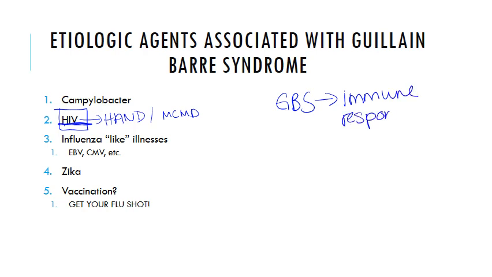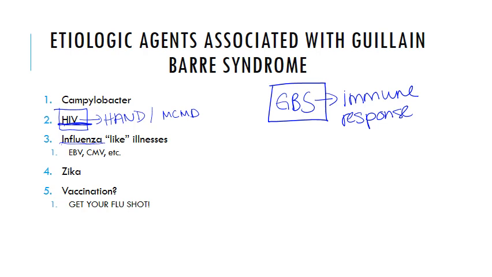So what this tells you is that just because your HIV patient is well controlled and on a therapy regimen that is doing well by them and they have a good CD4 count, they are still susceptible to GBS because they still have all of the components of a good immune response, which is what we need to develop GBS.